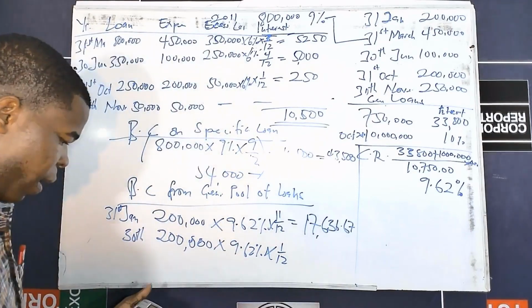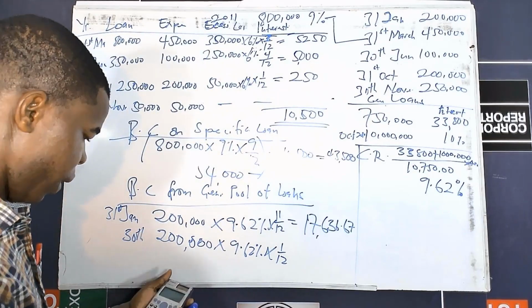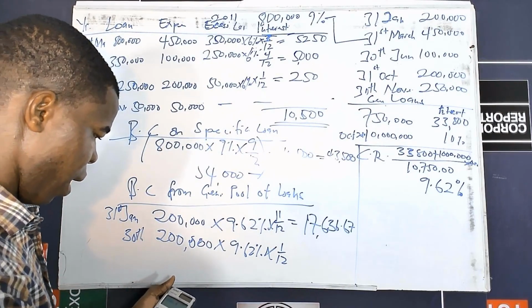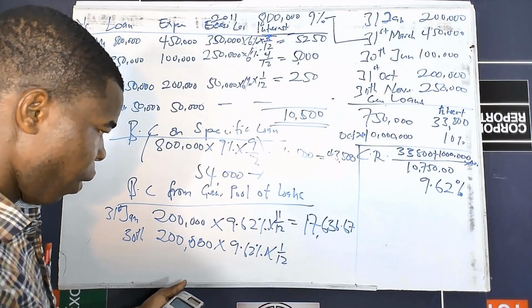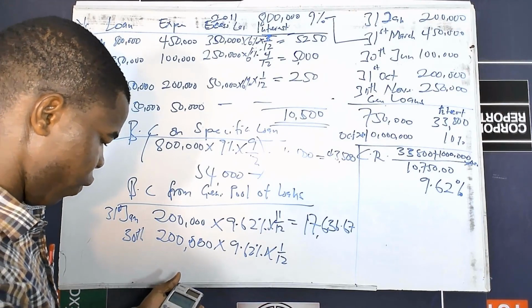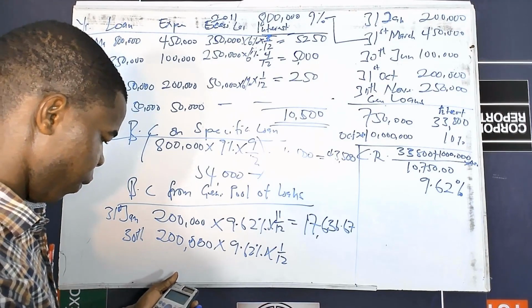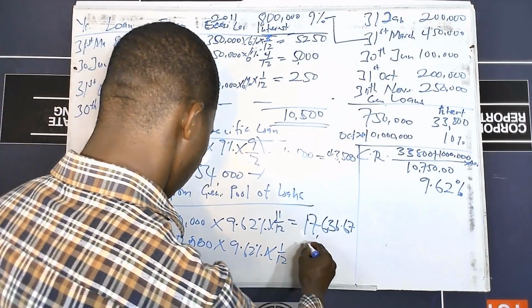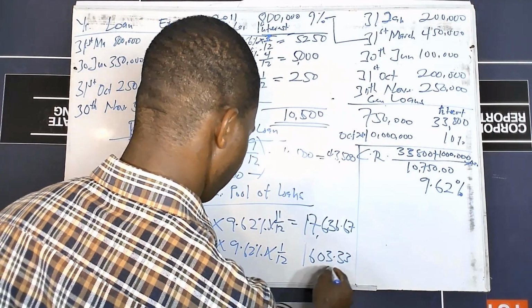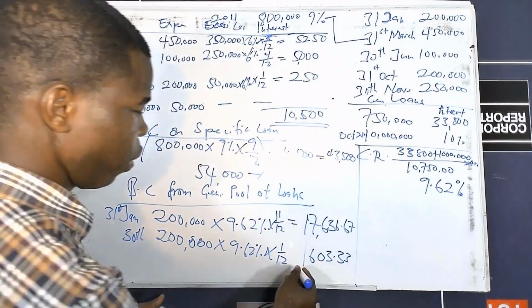And then the second one, which is 200,000 multiplied by 0.0962 multiplied by 1 over 12. And it's going to give us 1603.33.